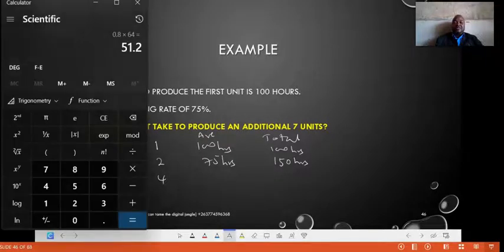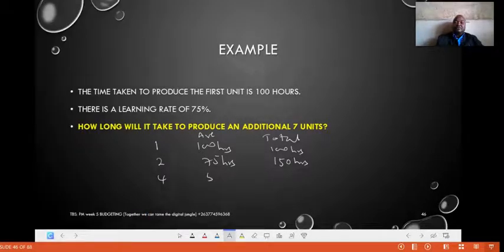And let us see what we get. 0.75 multiplied by 75, we should get 56.25 hours.